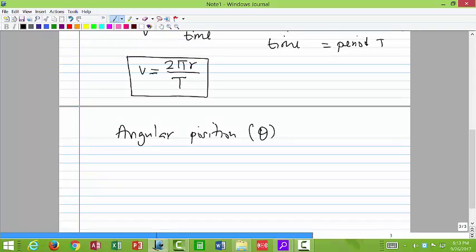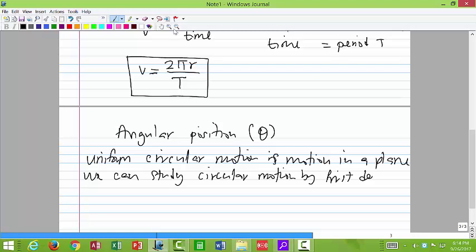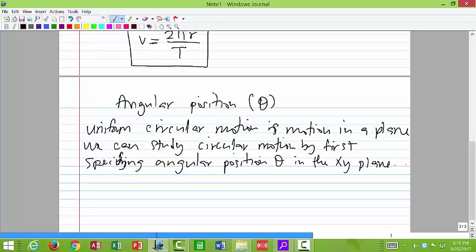We shall say that circular motion is motion in a plane. Let me just get that down. This, of course, applies to non-uniform circular motion too. So uniform circular motion is motion in a plane. We can study circular motion by first specifying the angular position theta in the xy plane.